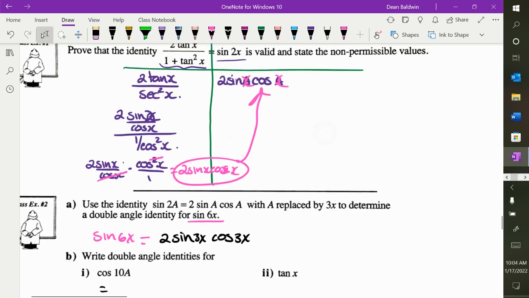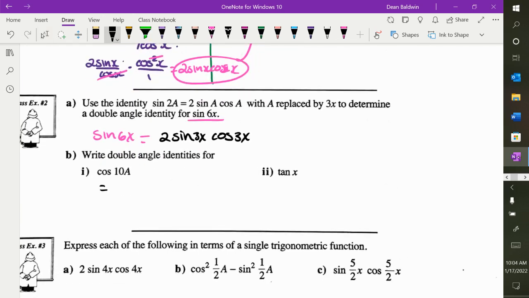So there's 3 cosine ones. There is cos squared minus sine squared. What angle should be in there? 5a. Or you can write 2 cos squared of something minus 1.